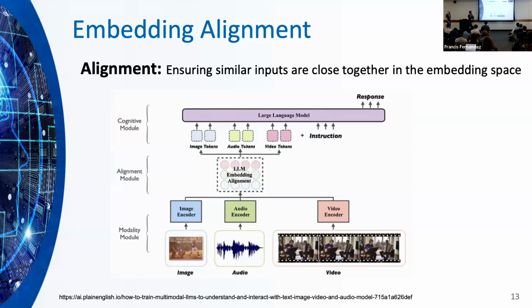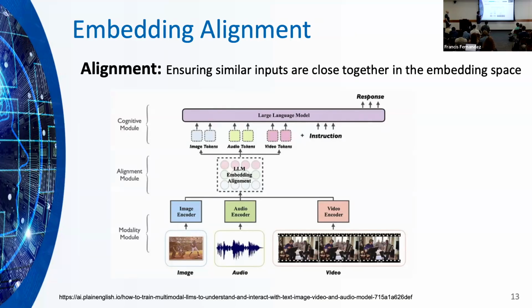This process of embedding the different modes of input is called embedding alignment. In this example, we have a model that can take in images, audios, and videos, and they get tokenized. So each gets split up into parts, converted to a token, and then that token gets encoded into a vector.